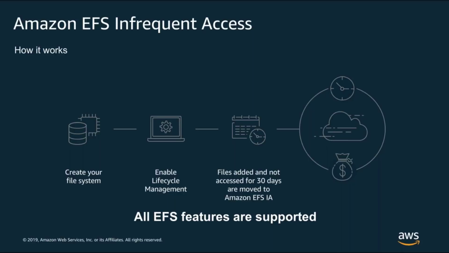And when you do that, any files that aren't accessed for 30 days automatically get moved from the EFS Standard class into the Infrequent Access storage class. So with both the IA storage class and lifecycle management, we're eliminating the need to manually manage your data to optimize for cost. And again, all EFS features are supported in conjunction with IA.